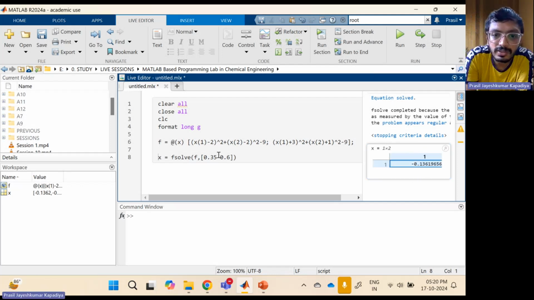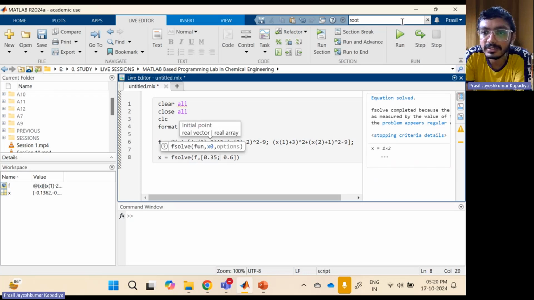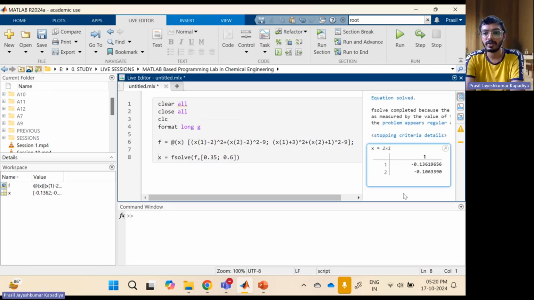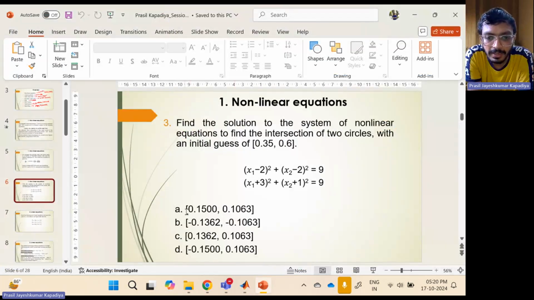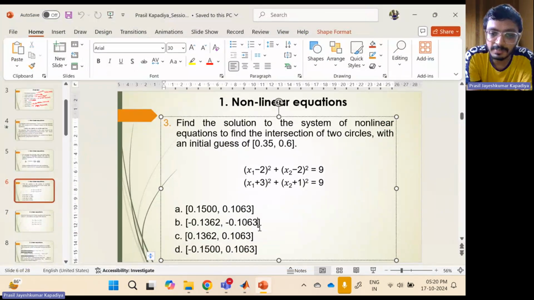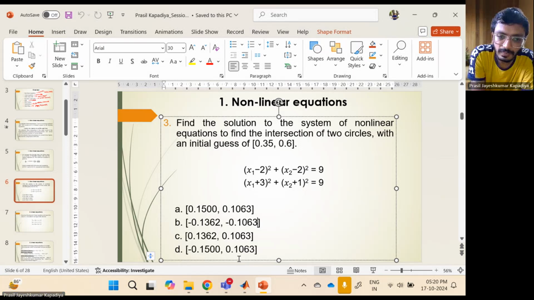Let's write it like this. So see, my first solution x of 1 is minus 0.1362 and x of 2 is minus 0.1063. So this is my solution.